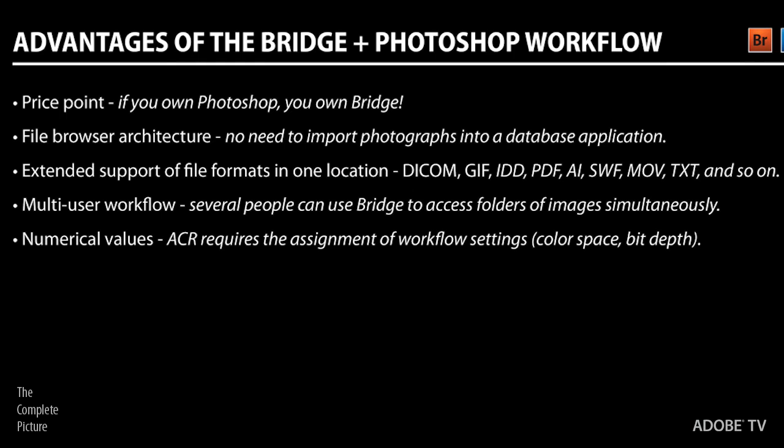And in there, you actually have to tell Camera Raw in Photoshop where the file's going, what bit depth, what color space. And because you have to define it there, it's very easy for us to give you the numerical value so that when you are changing your exposure or your black slider, it will show you exactly the numerical values that you're going to get. So, important, seems small, but for the people who want numerical values, it's very, very important for them to have that technology, and therefore they're more apt to go with the Bridge and Photoshop workflow.